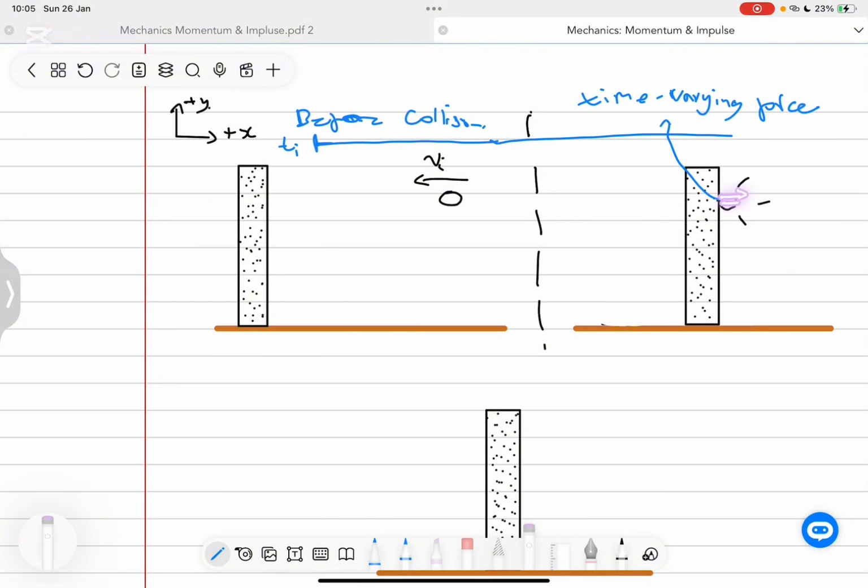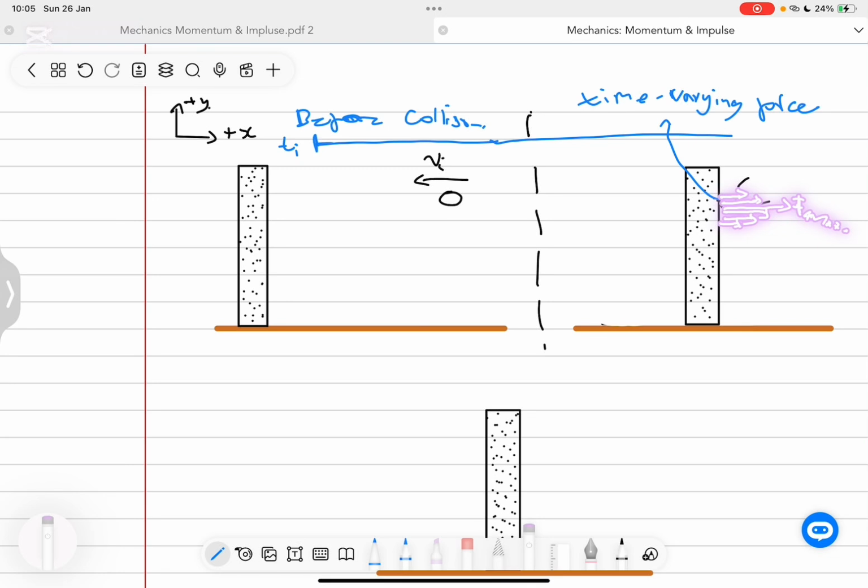These forces will range from a small force, increasing until they get to a maximum force. Then they decrease again, going to a small force. Here we'll have the maximum force.